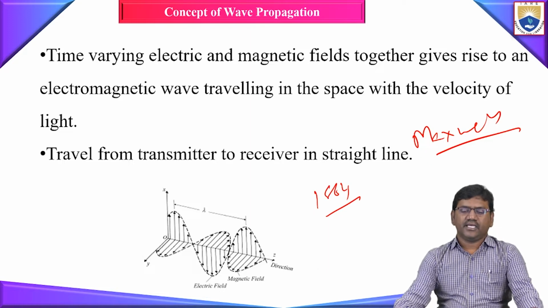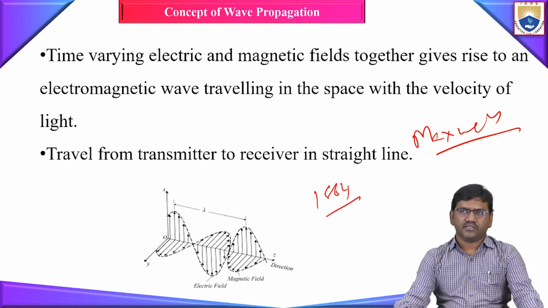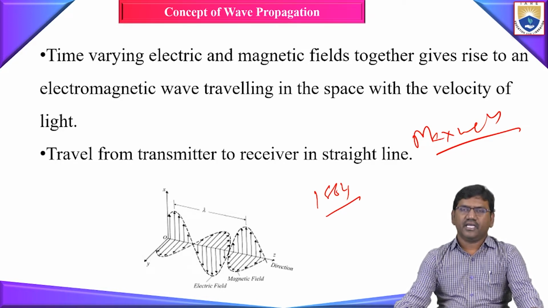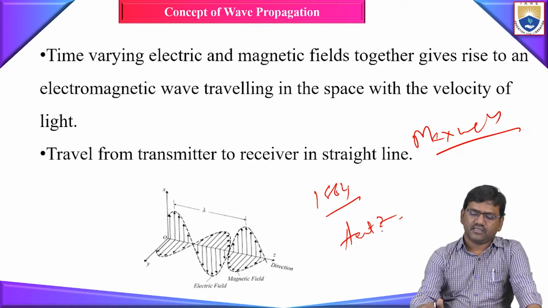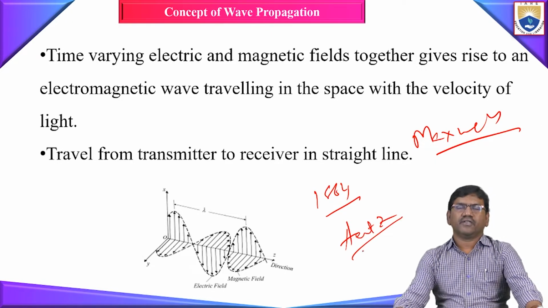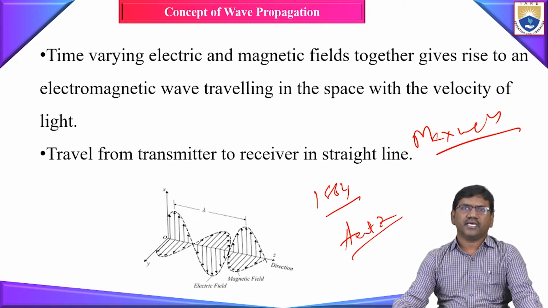That means time varying electric and magnetic fields together give rise to electromagnetic waves, and those waves travel in space with the velocity of light. Later, Hertz said that the electromagnetic waves produced by the antenna travel from the transmitting antenna to the receiving antenna in only straight lines.